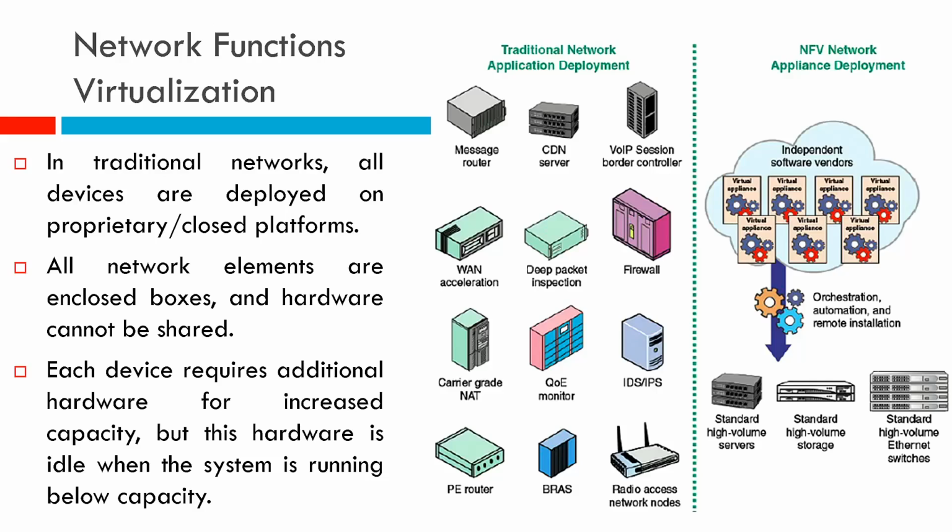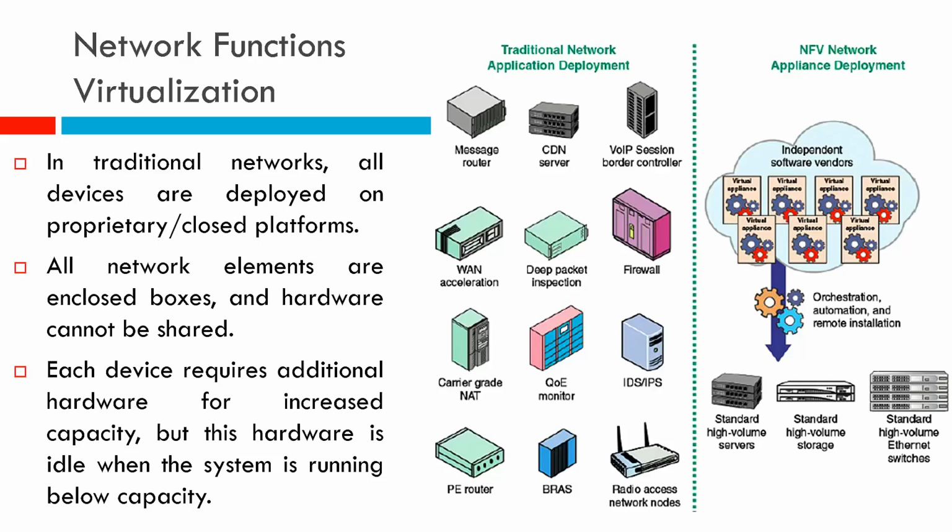We are seeing now that in traditional networks, all devices are deployed on proprietary and closed platforms. Closed platform means that you need to have 100% proprietary. That is the difference between open platform and closed platform. So Microsoft is a closed platform, Apple is a closed platform, Cisco is a closed platform, whereas Linux is an open source platform.